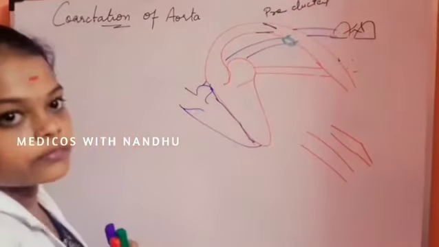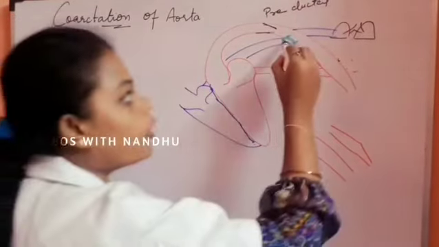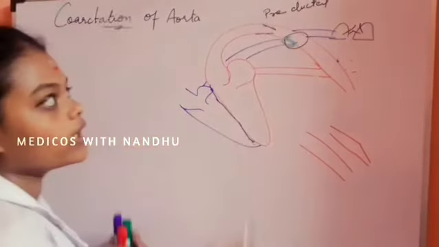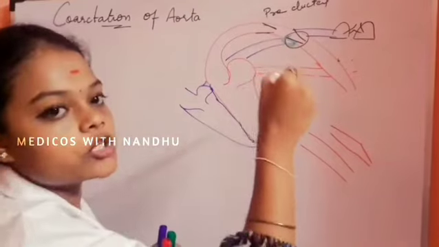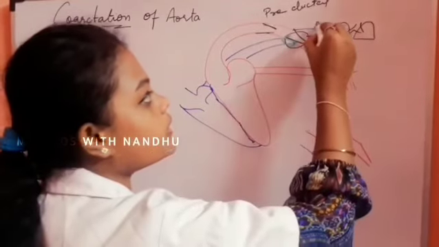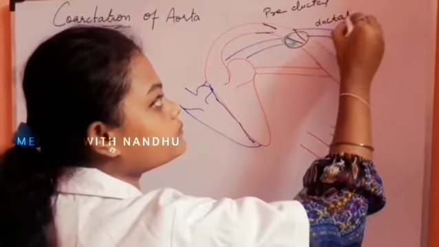Ductal type means the narrowing happens at the origin of the ductus, which is known as ductal type.